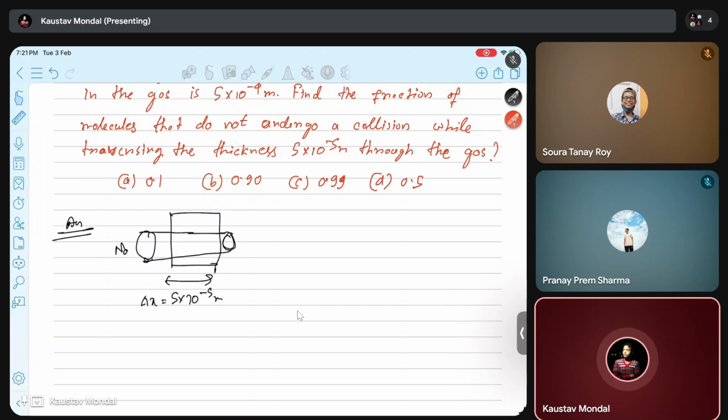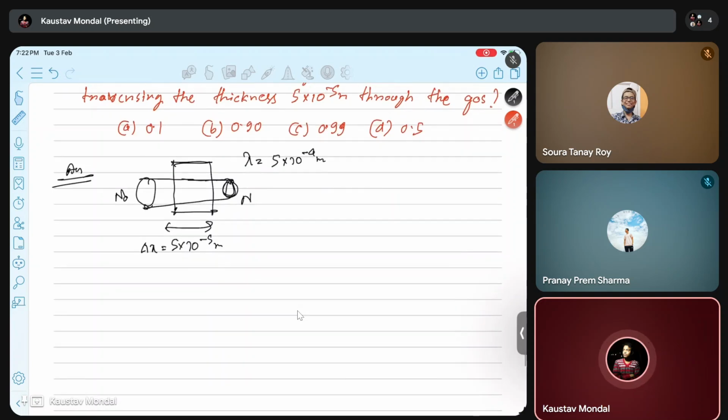Now some of the molecules will face collision and will not come to the other side, because they suffer collision and come out of the beam. Let's suppose the survived number of gas molecules is n. And the mean free path lambda is 5 into 10 to the power minus 4 meter, the mean free path between two collisions.